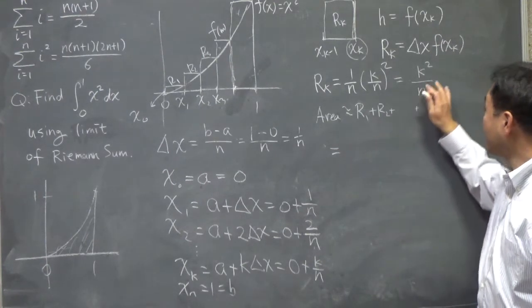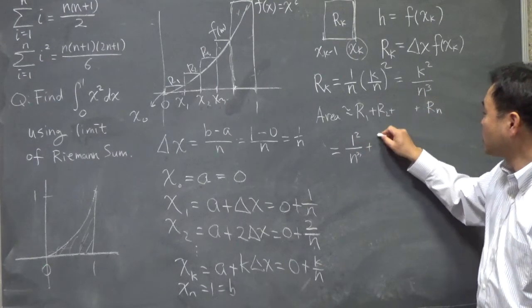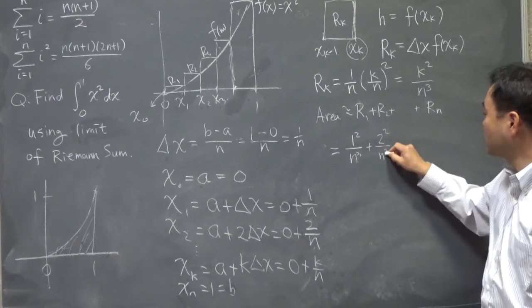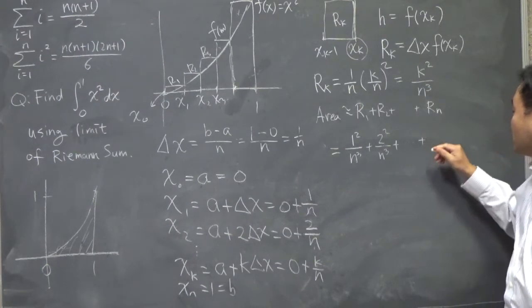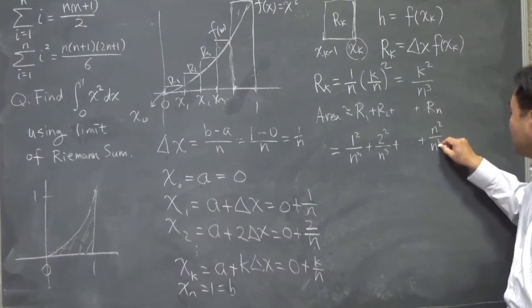And if I write it out, it'll be 1 squared over n cubed plus 2 squared over n cubed, all the way up till n squared over n cubed.